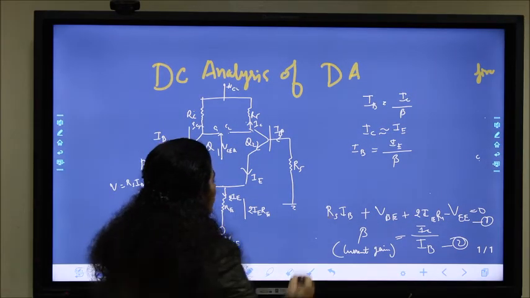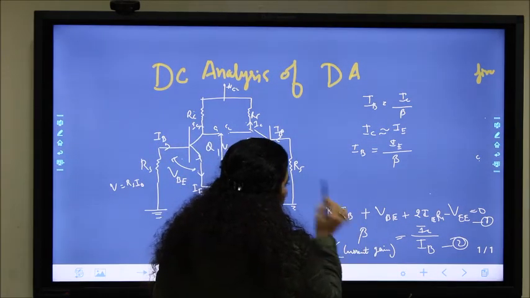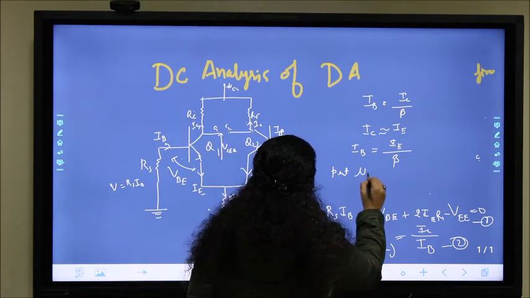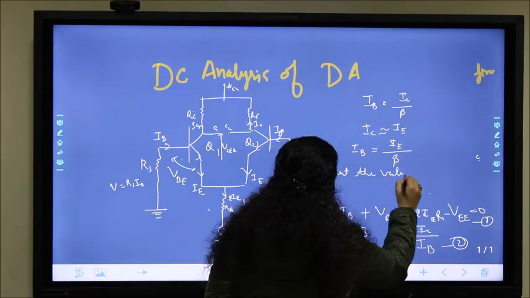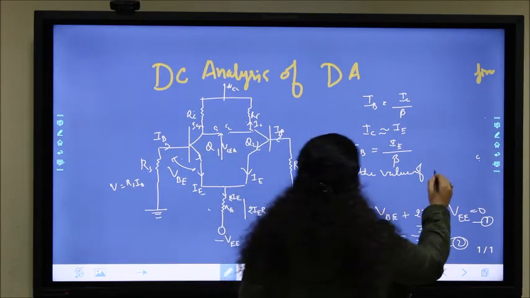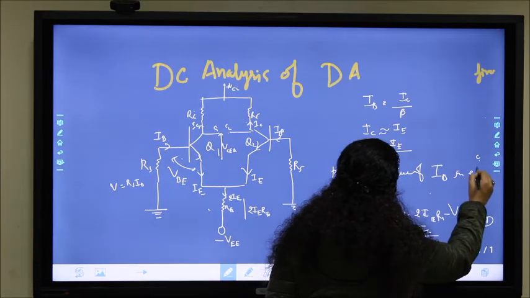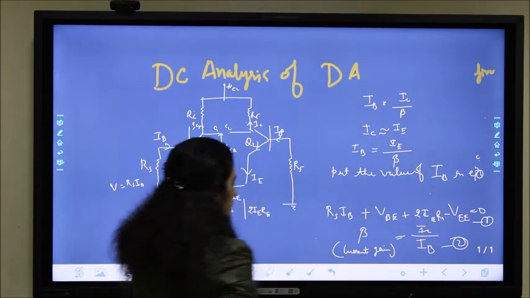Now put the value of the base current IB in equation number 1.